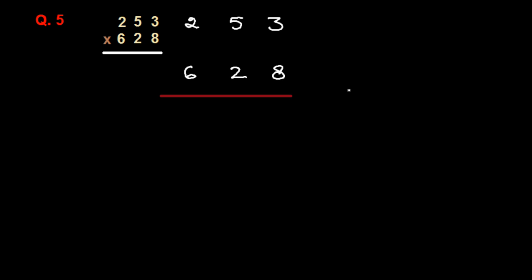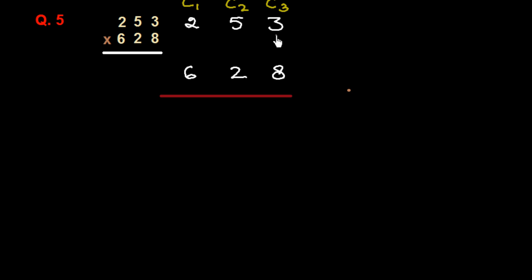Now first of all what we have to do, we have to multiply these. I write down here column number. This is our first column, this is our second column, this is our third column.